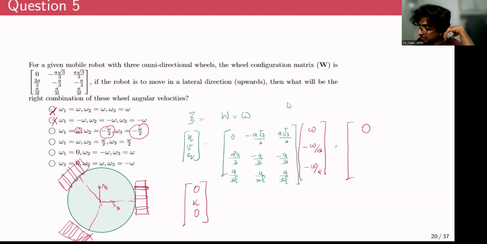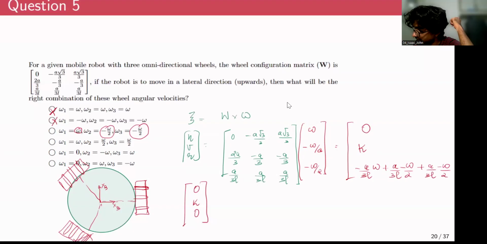So that becomes a positive quantity, I suppose, because these minuses would get cancelled, these minuses would get cancelled. In the end, you will end up with a positive quantity. And the third element is actually minus a by 3L multiplied by omega plus a by 3L multiplied by minus omega by 2 plus a by 3L multiplied by minus omega by 2.